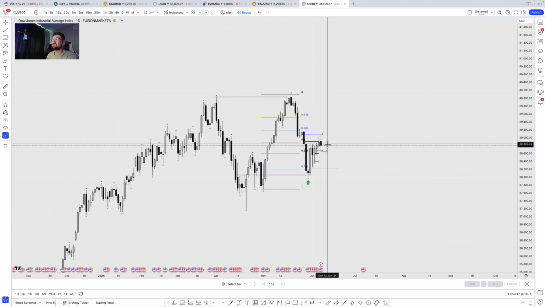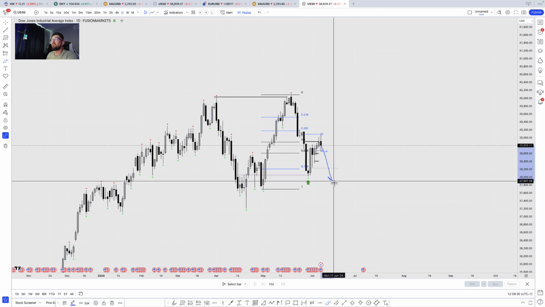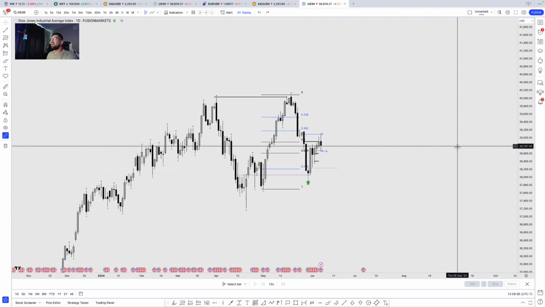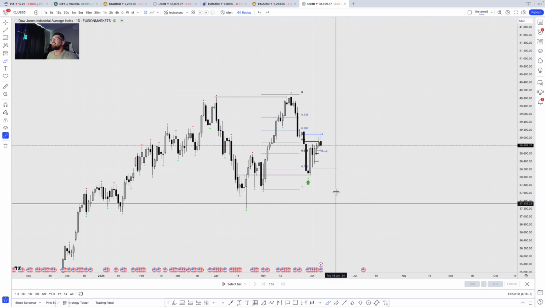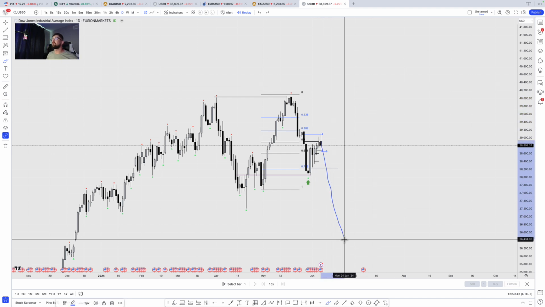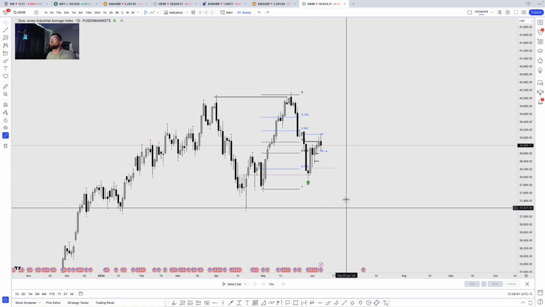If CPI comes out high inflation, and FOMC comes out with no rate cut bet sentiment, people are going to be looking to go dollar bullish, and dollar bullish is going to mean US30 could see a deeper retracement, and we could see something along the lines of deeper retracement continuation, or deeper retracement and a bias switch.